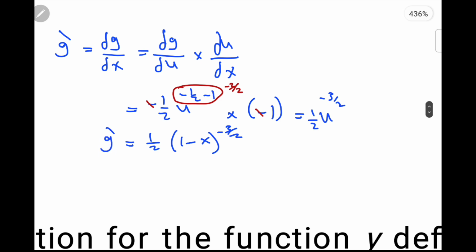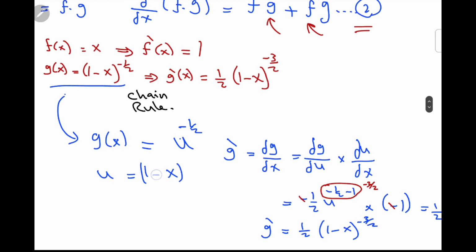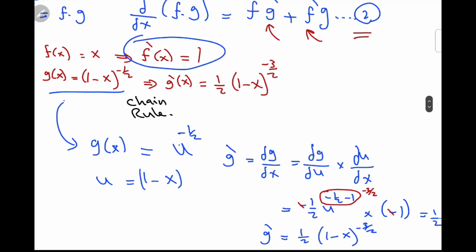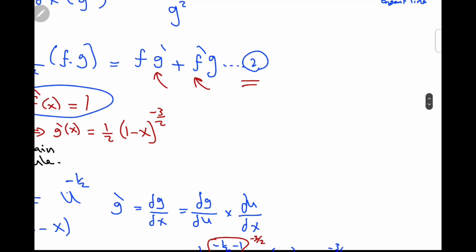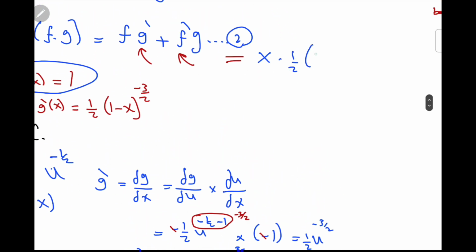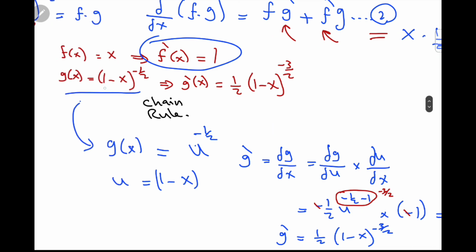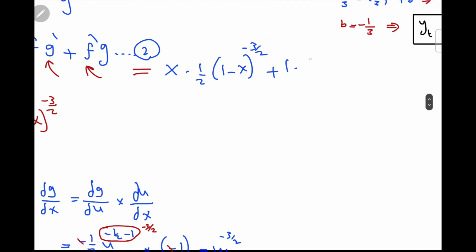So that's g prime. We found g prime, and we found f prime, which is 1. Then you can just plug in the values here. So that will be f, which is x, times g prime, which is 1/2 (1 − x) to the power of −3/2, plus f prime, which is 1, times g, the original g, which is (1 − x) to the power of −1/2.